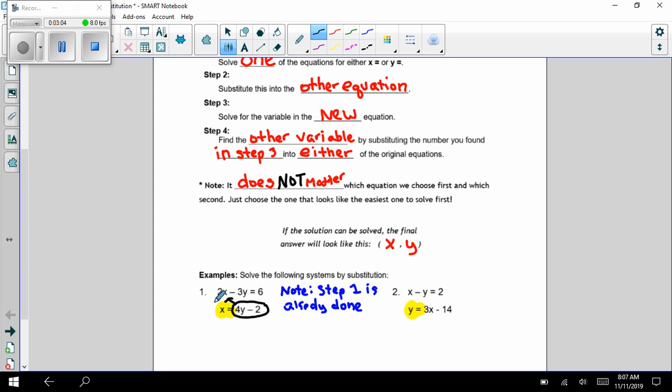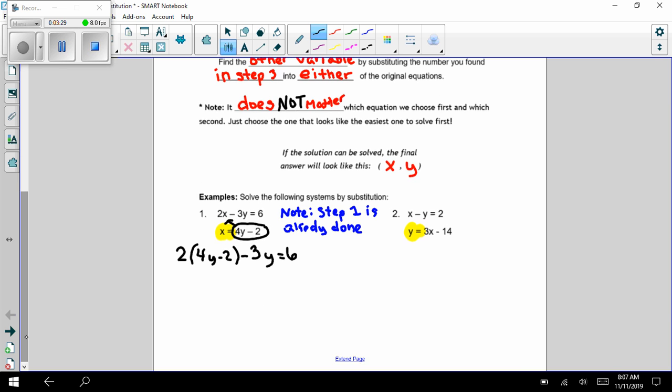So I'm going to rewrite everything in this first equation here, except I'm going to leave a big space where the x goes. I'm going to rewrite everything else exactly as it is, and I'm going to physically sub in what I circled in place of the x. So I'm going to write 4y minus 2 because that's what I circled. I want you to notice right now that we have an equation that only includes one variable, and that variable happens to be your y.